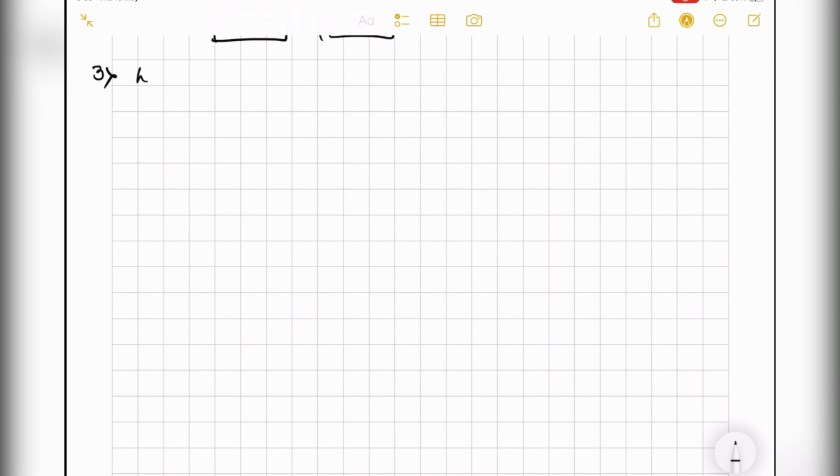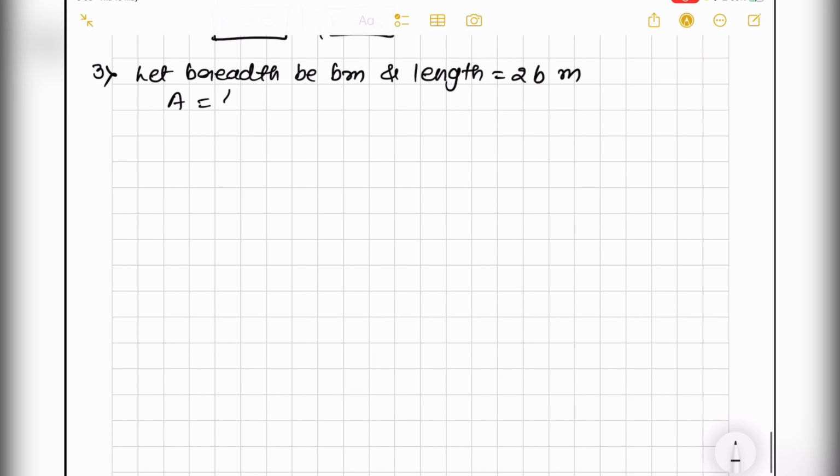Okay. So let breadth be b meter and length will be 2b meter. So area equal to L into B. So area is given 800 equal to L is 2B into B.